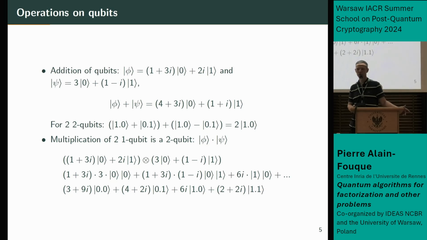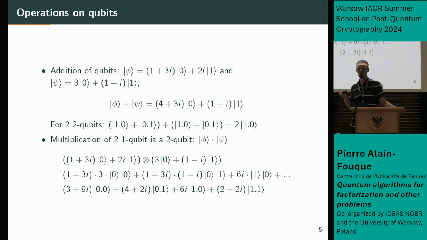Maybe it's easier to work with multiplication using the ket notation, and you will see that it's exactly like if you develop. For instance, if I have (1 plus 3i) times ket0 plus 2i times ket1, times 3 times ket0 plus (1 minus i) times ket1, I just develop on both vectors.